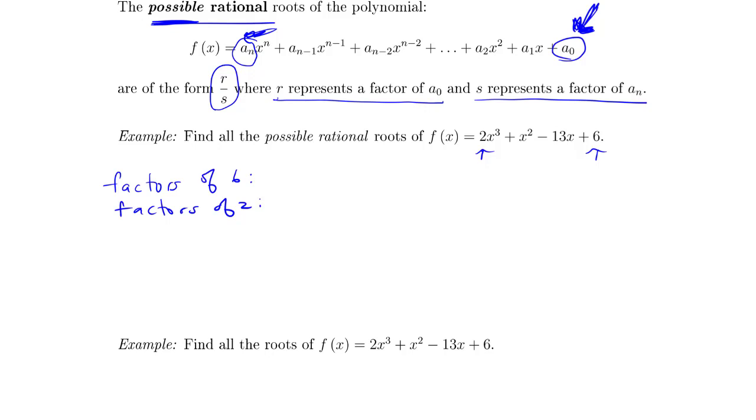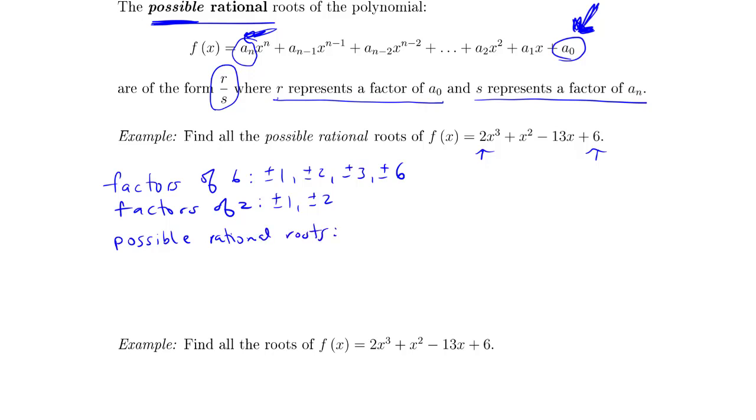So we're taking all the positive and negatives, all the integer factors. So we would say plus or minus 1, plus or minus 2, plus or minus 3, and plus or minus 6. Those are all the integer factors of 6. What about 2? Well, 2 just has 1 and 2, so in other words, plus or minus 1 and plus or minus 2.